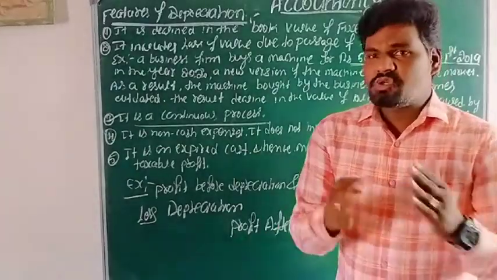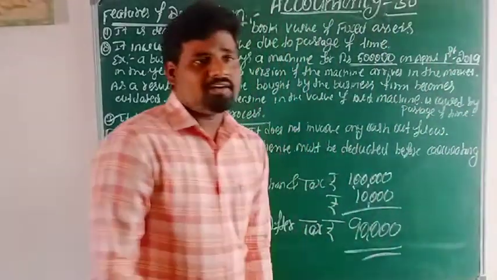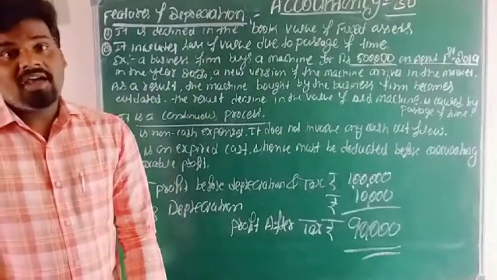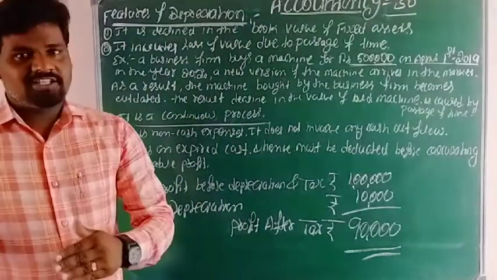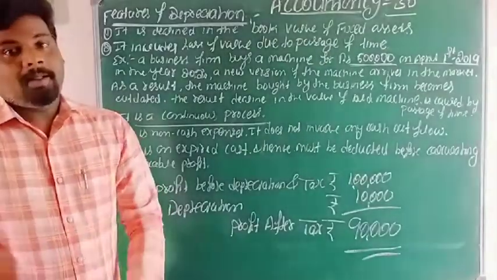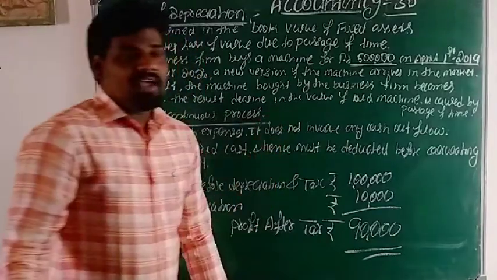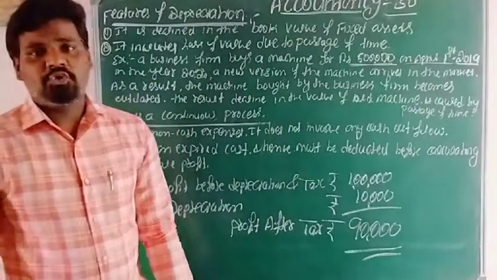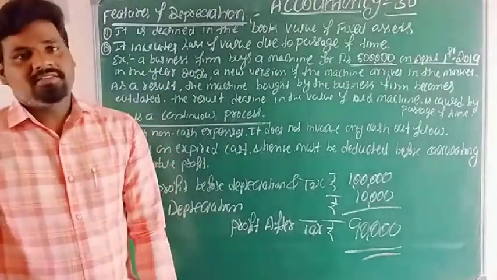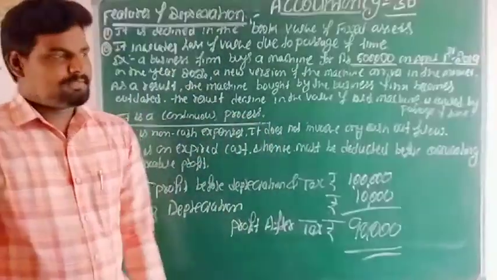We need to choose the charge of depreciation, whether fixed, written down value, or annuity. These are the various methods. In the next session, we will discuss those methods. But here it is a continuous process, meaning every year we need to charge depreciation on the value of assets, on the basis of different methods.